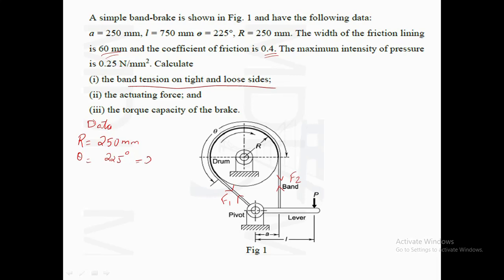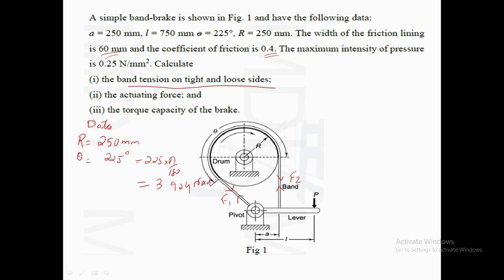So it is 225 into pi by 180, that is equal to theta is equal to 3.926 radians.